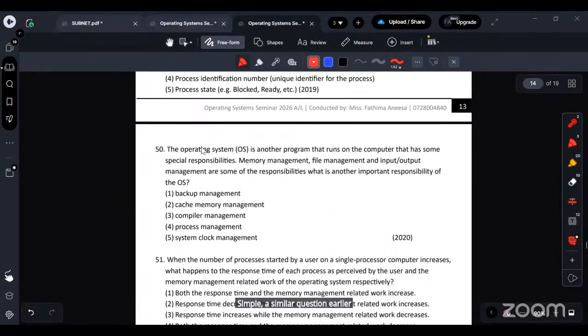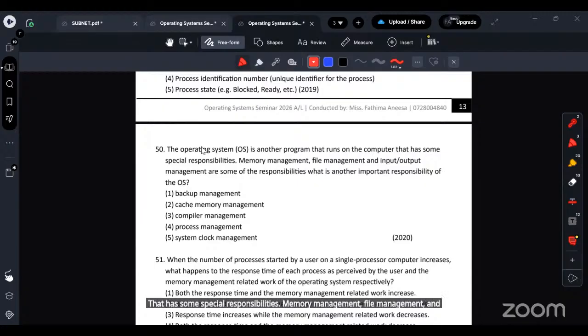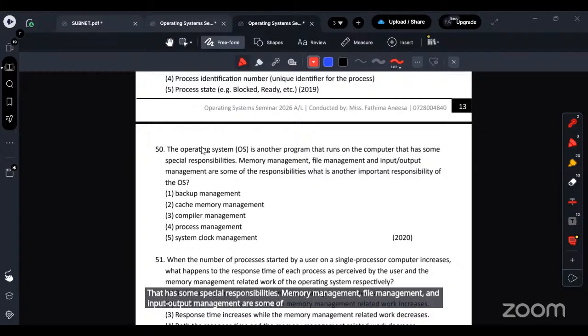Right. The operating system is another program that runs on the computer that has some special responsibilities. Memory management, file management, and input output management are some of the responsibilities. Which is another important responsibility of the operating system they are asking, apart from the ones they have mentioned?